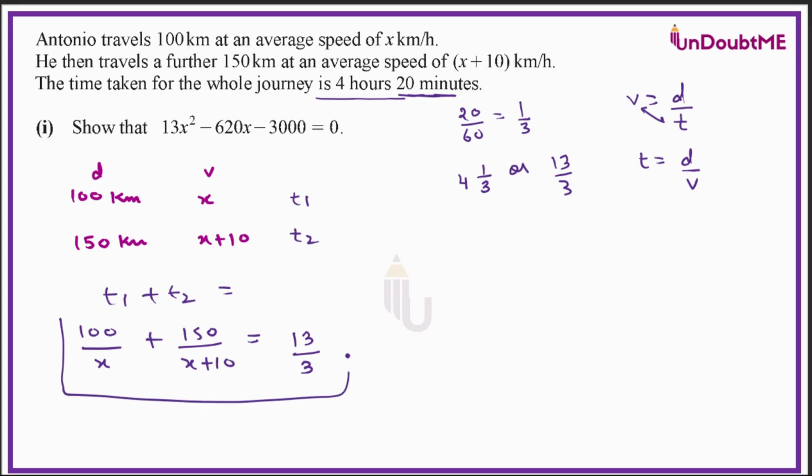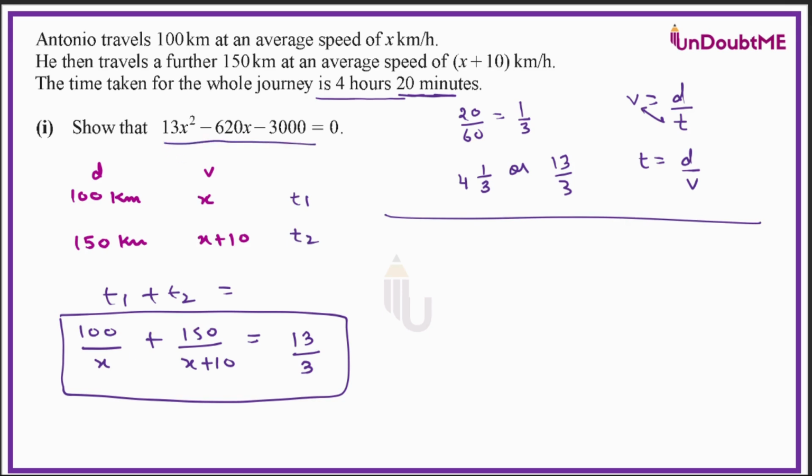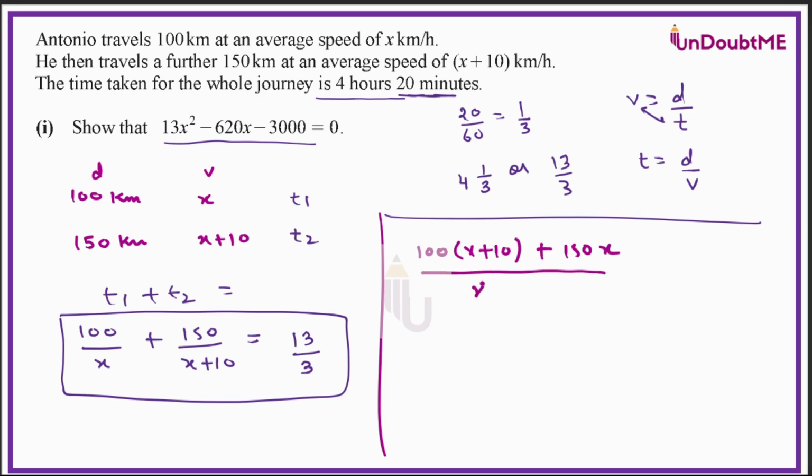Now we have created this equation. This can be simplified, and if done right, then we should get the required form that they are asking. So for that, we will quickly start with cross multiplication. On the left hand side, with 100, I will multiply x plus 10, and with 150 I will multiply x, while in the denominator we have x and x plus 10. They will be taken together, right hand side as it is.